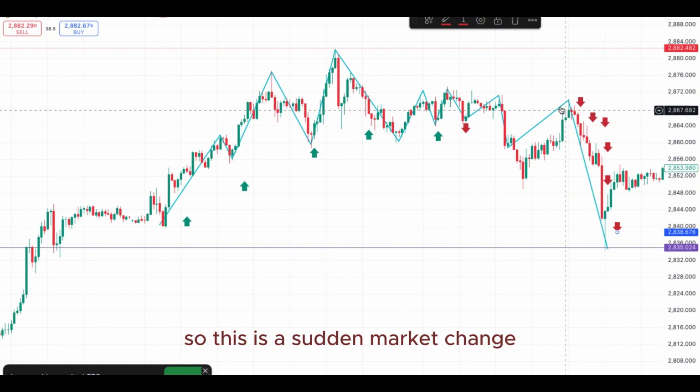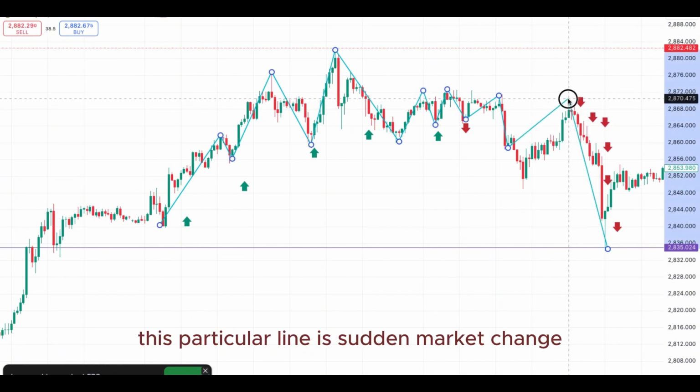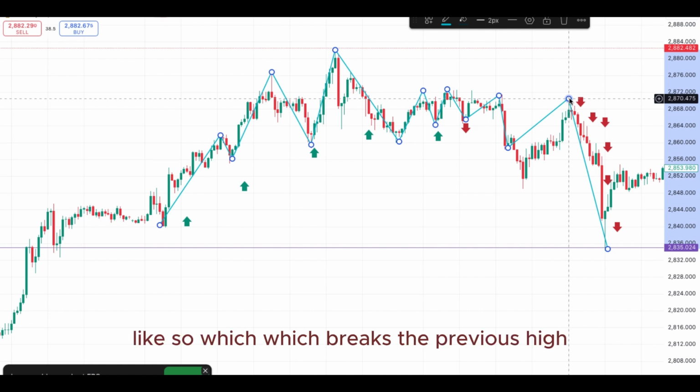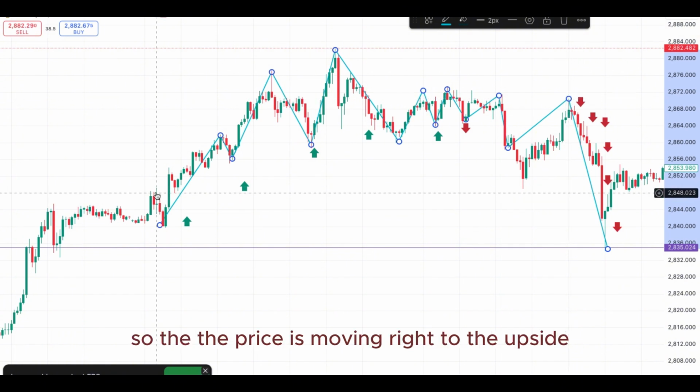So this is a sudden market change. This particular line is a sudden market change in the market, which breaks the previous high or higher low or wherever in the market. So this signals a reversal point.